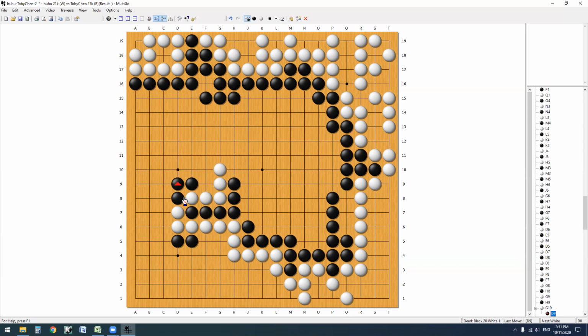Once you connect your groups, this whole white group has been surrounded by all of your stones, and it's very difficult for it to make 2 eyes. If white needs to make an eye at the center, it's a very difficult job.